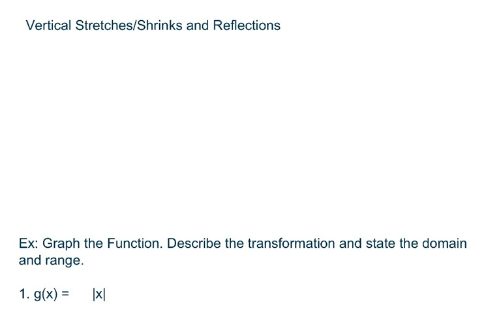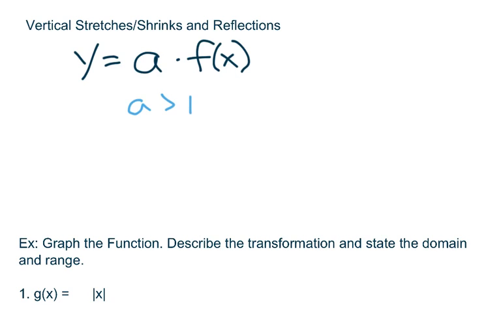All right, moving on. Vertical stretches and shrinks, and also reflections. So we're focusing on y equals a times f of x, thinking back to the notation from section 3.6. If a is greater than 1, it's a stretch.